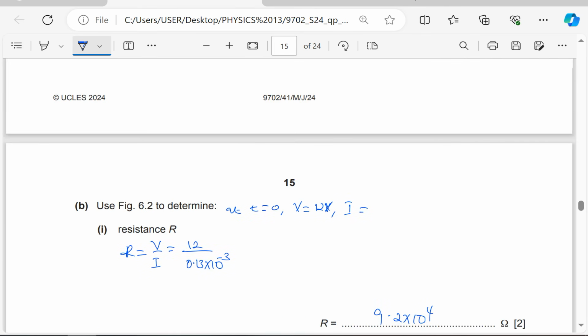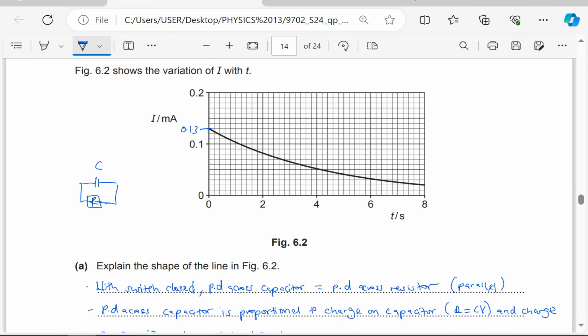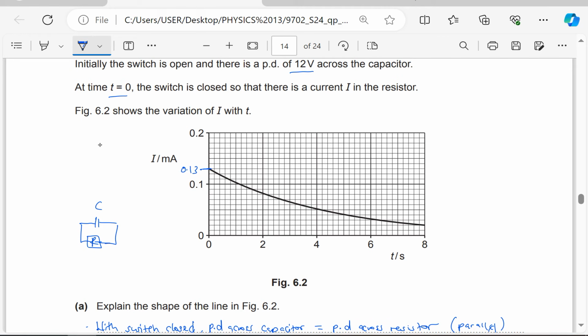Let me check for a simple value of time. Can I use 4? No, 4 is not very precise. Can I use 6? Let me use this one here. So this is 1, 2, 3, 4, 5. So this is 5. At t equals 5, what is the current?